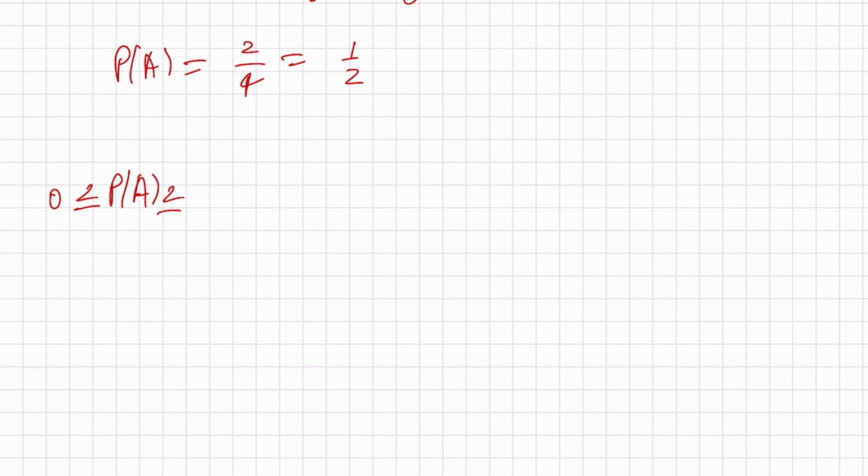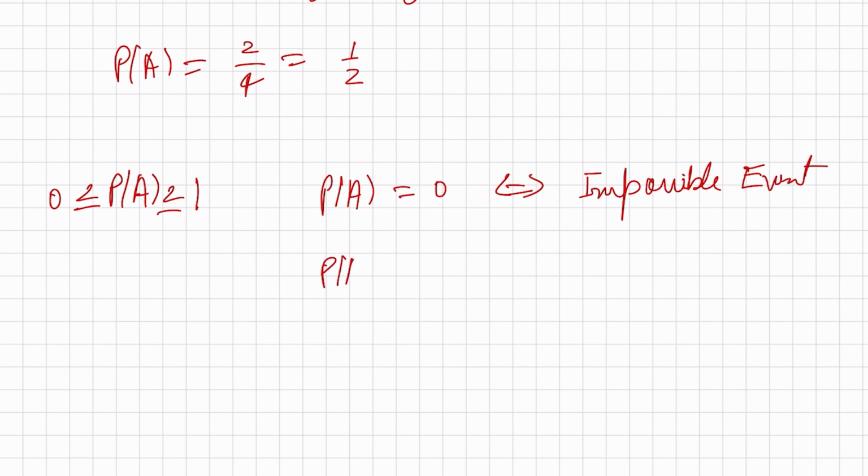Okay, so by definition, probability of an event has to lie between 0 and 1, okay? If it's 0, this means it's an impossible event. And if it's a 1, you can call it a sure event. And this sign is basically "if and only if." What it means is if I say an event A is impossible, this means the probability of A happening is 0.